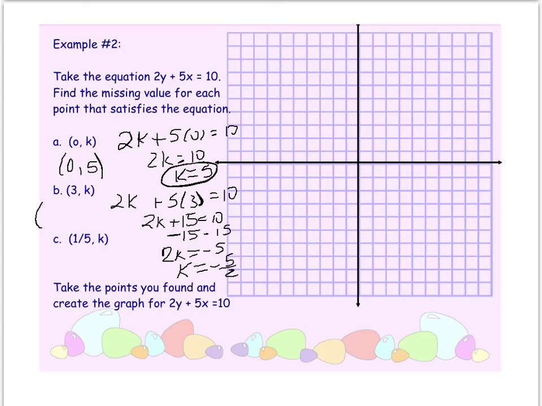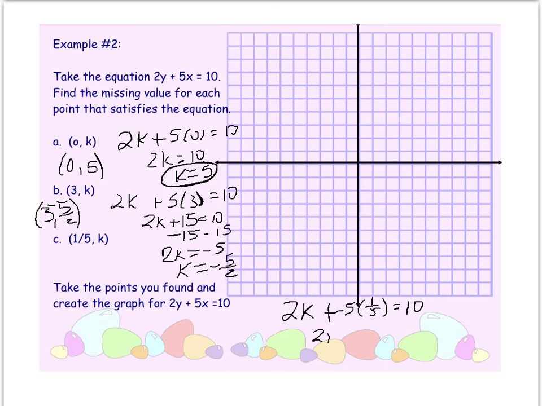So this point is going to be 3, comma, negative 5 halves. Okay? And finally, the third point, 1/5 comma k. What is that value of k going to be? Well, 2 times k plus 5 times 1/5 should equal 10.